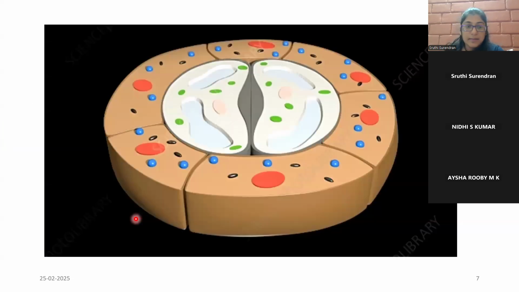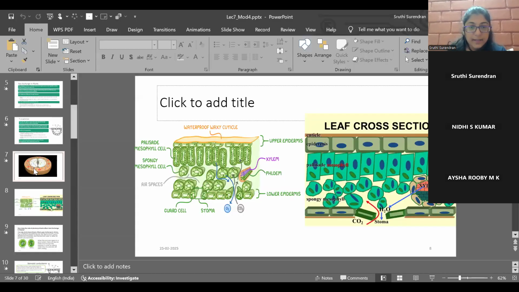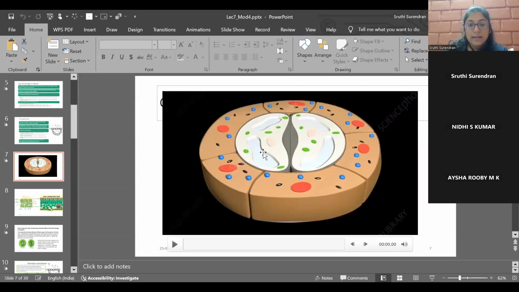Now, if you see here, when these black particles, which are potassium ions, enter the guard cells, the concentration of these particles is higher here. As a result, the water available here is less.